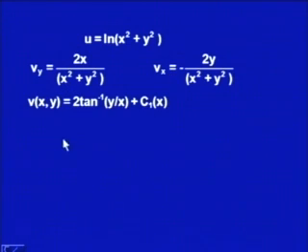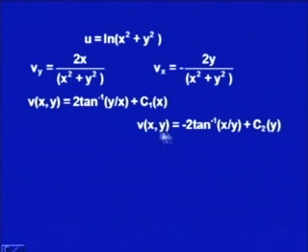Similarly, when you integrate this partially with respect to x, we will have V(x,y) equal to minus 2 tan inverse (x by y) plus C2(y). If we compare these two, we will say that V(x,y) is equal to 2 theta. C1(x) and C2(y) should not be functions of x and y.